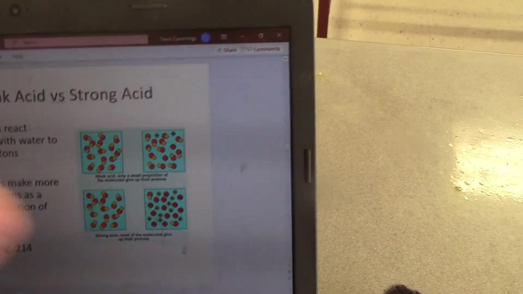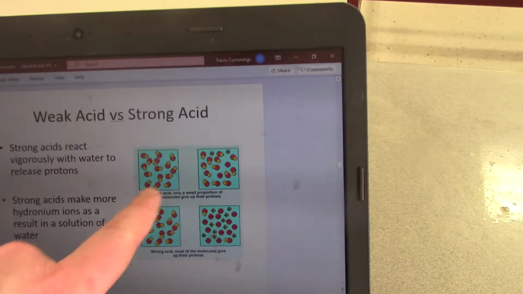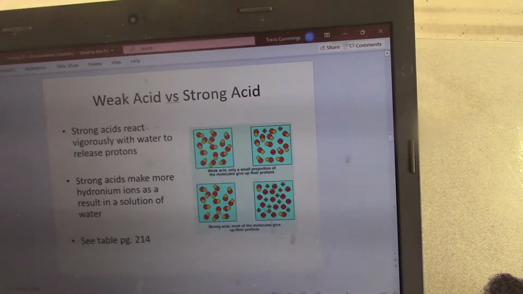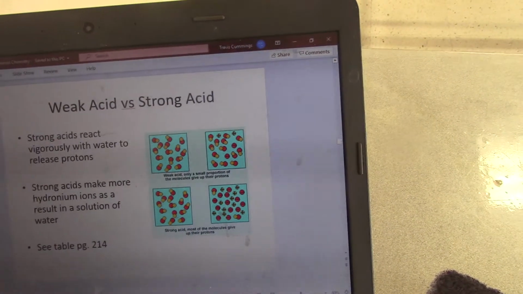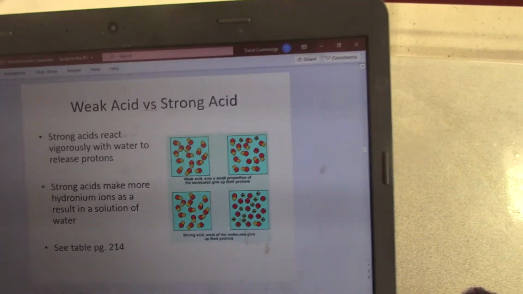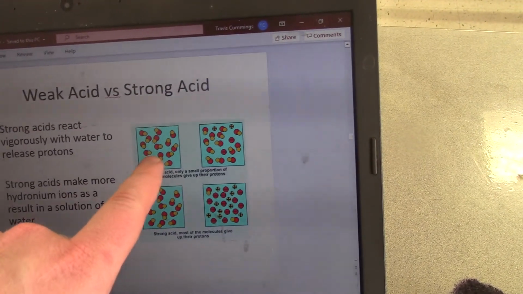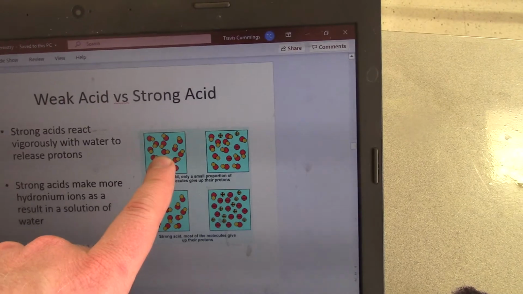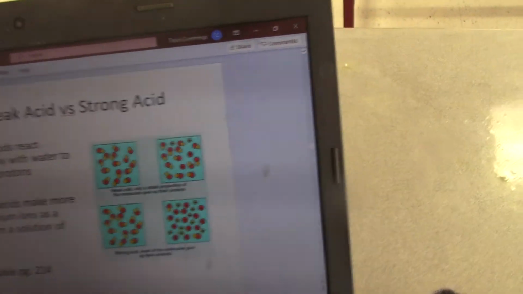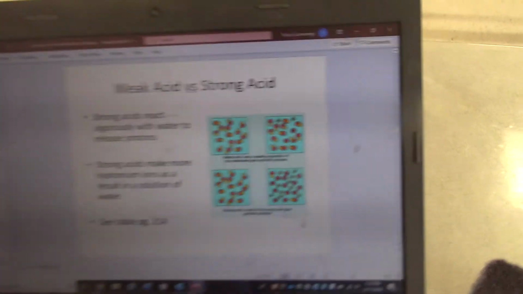Weak acids would be something like vinegar. So a vinegar with a pH of 3 would have way less hydronium ion than nitric acid with a pH of 3, right? So you can see that this weak acid does not make as many ions, so it doesn't dissociate as completely. This shows you some differences between strong acids and weak acids on page 214 of your textbook.